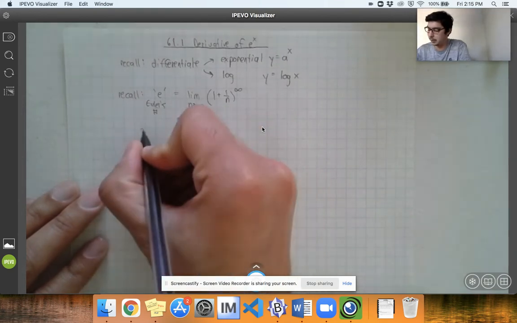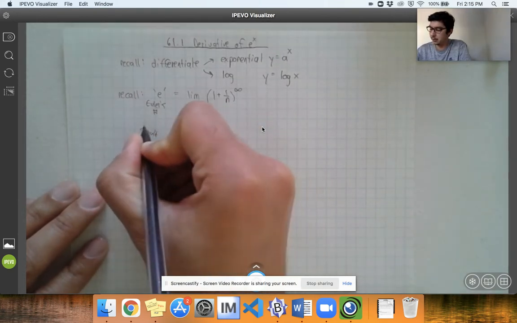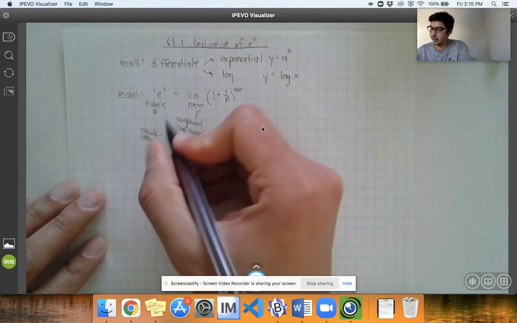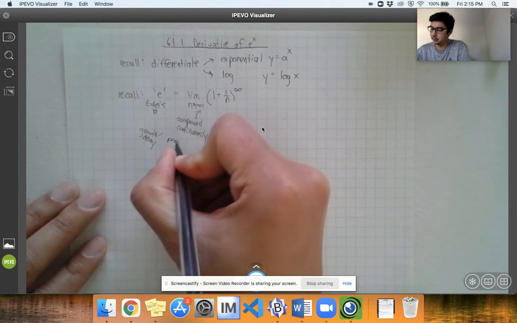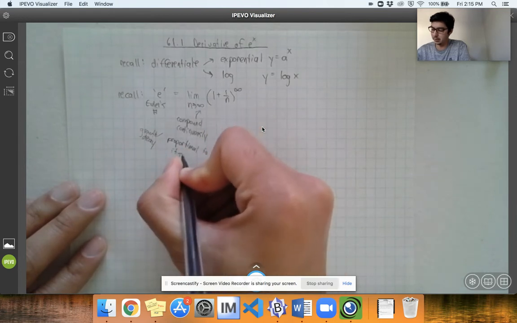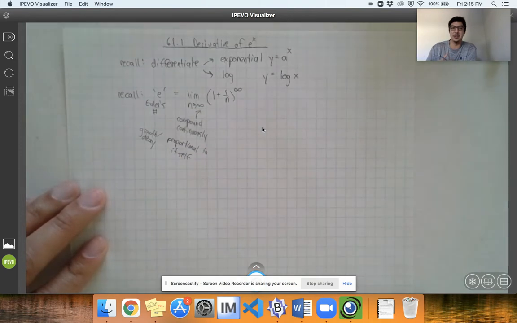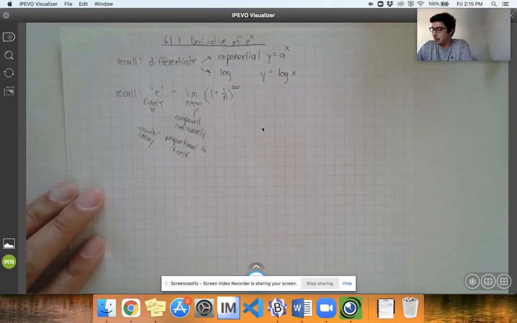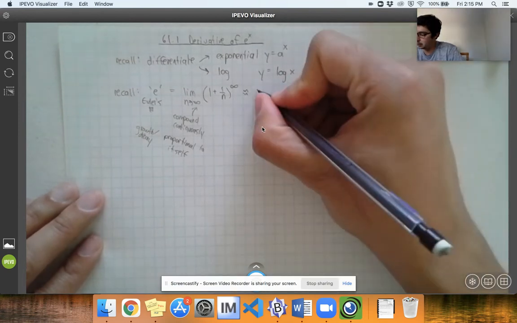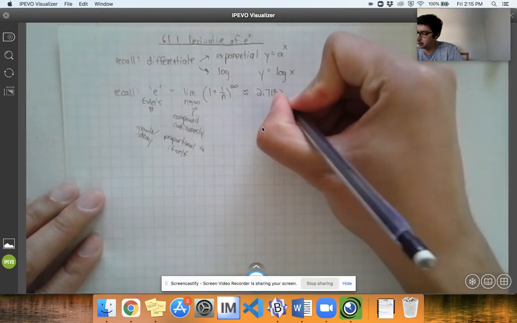So it came out of when something grows or decays at a rate that's proportional to itself. Right? 100% means if you reinvest your full amount, you get back your full amount, proportional to whatever the body is.